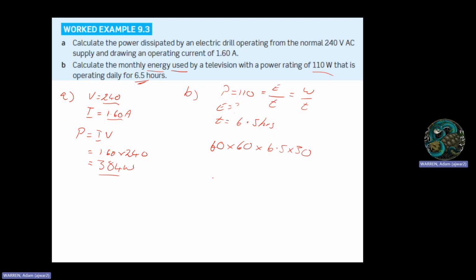So now if we rearrange this, we get that energy equals power times time. Power was 110 times 60 times 60 times 6.5 times 30 equals, let's go back to my calculator, 110, 60.